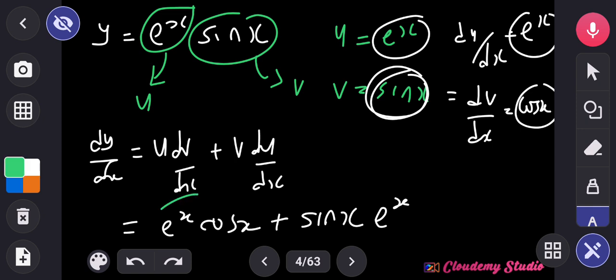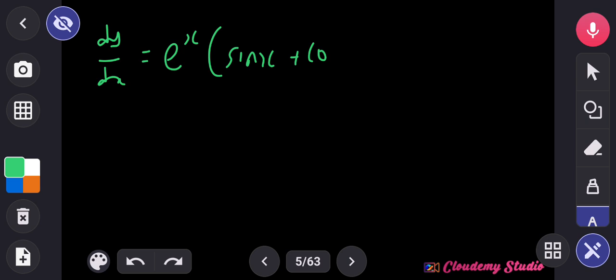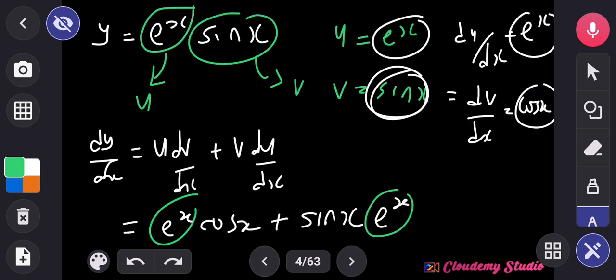We have exponential x here, we have exponential x here, which means I can factorize outside. My answer is eventually going to give me dy upon dx equals to exponential x into bracket sine x plus cos x. And that will be our answer for this particular question.